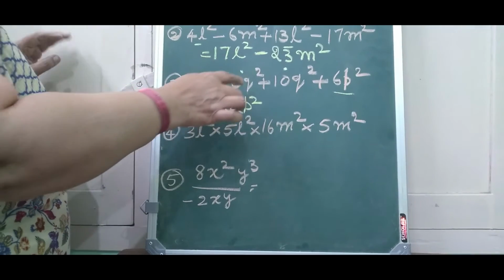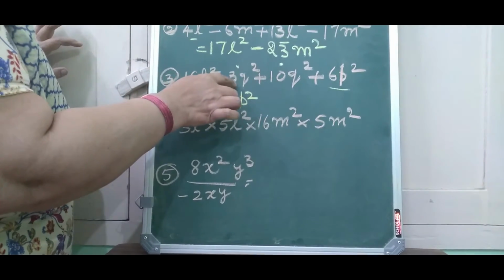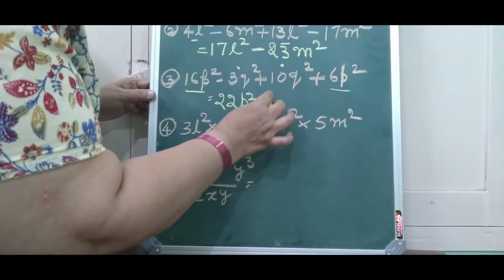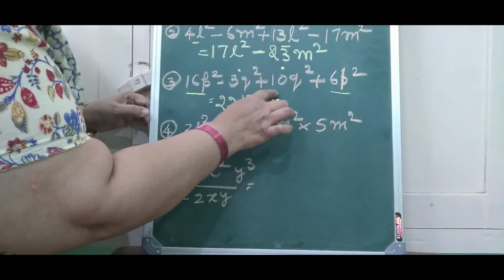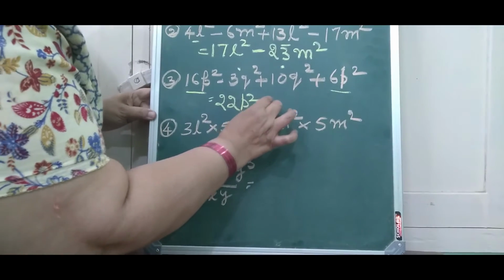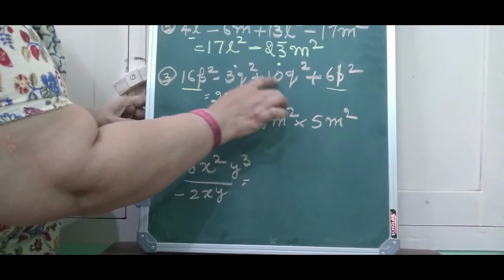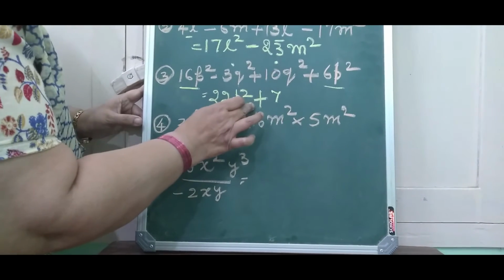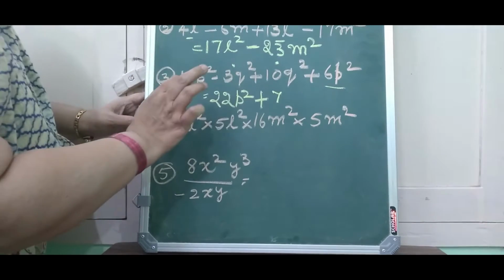Observe very carefully. They have written plus 10 and this is minus 3q. So plus 10 and minus 3 will be 7. 10 minus 3 will be 7 and 10 is the greater number, so we are writing plus sign only here. Please observe 10 minus 3 is nothing but 7 and I have written here plus sign because the greater number is having the positive sign.